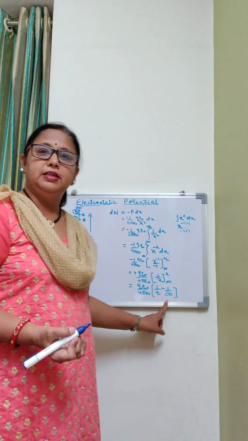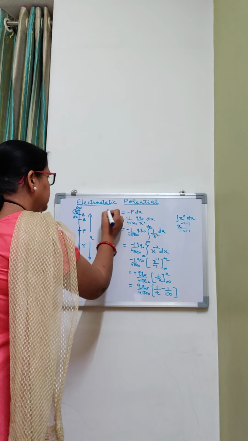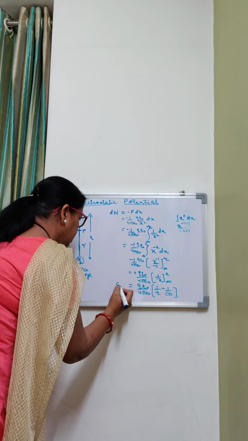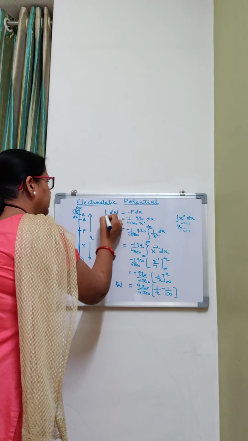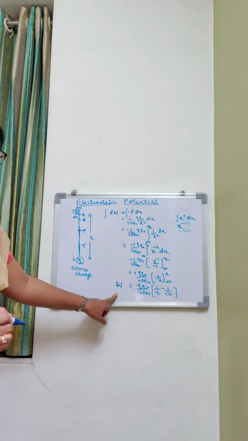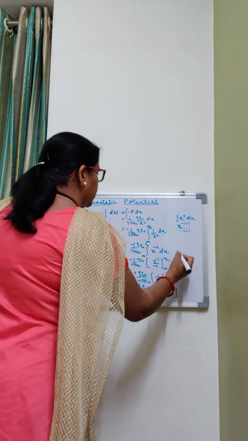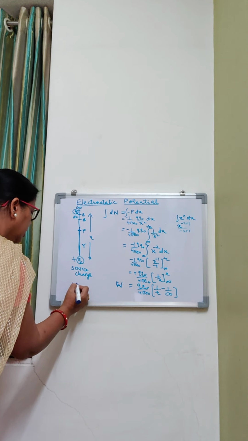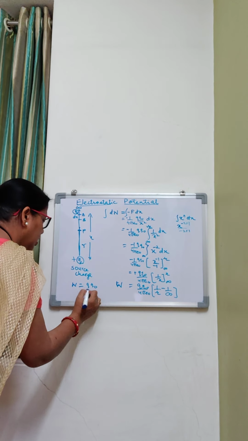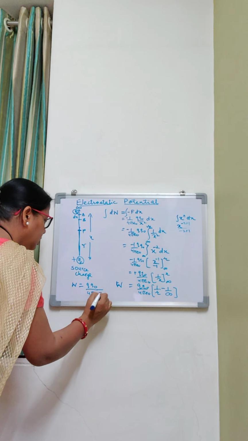Now 1 upon infinity, as you know, it is 0. So we will get W as the work done after integration. So what is the formula finally we are getting? That formula is W is equal to Q into Q naught upon 4 pi epsilon naught into R.